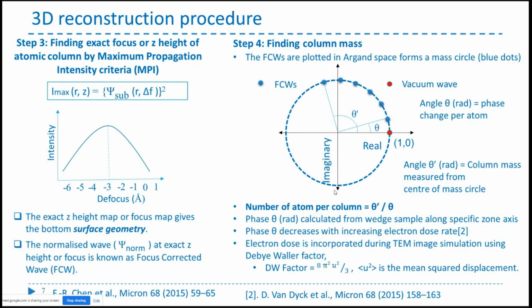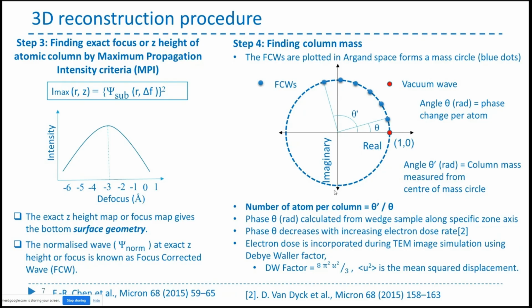So the phase value is getting reduced as you increase electron dose. The electron hits the sample and hits the atom, so as you increase the electron dose rate, the phase of the exit wave, or the electrostatic potential, gets reduced.